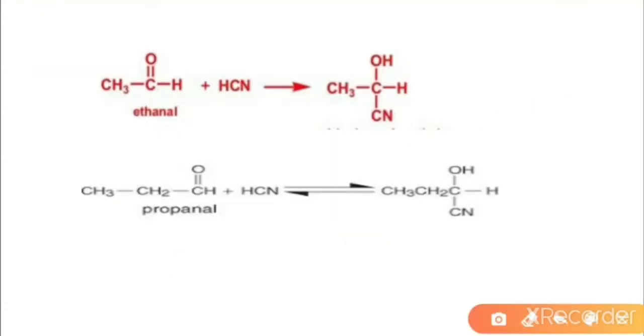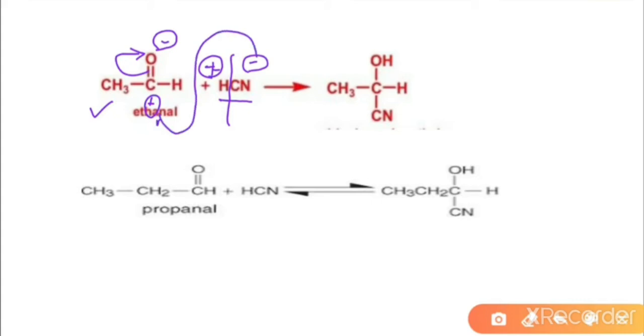Addition of hydrogen cyanide with acetaldehyde or ethanal. Hydrogen cyanide breaks to give CN minus and H plus, and pi electrons are transferred toward oxygen to form negative oxygen and positive charged carbon.